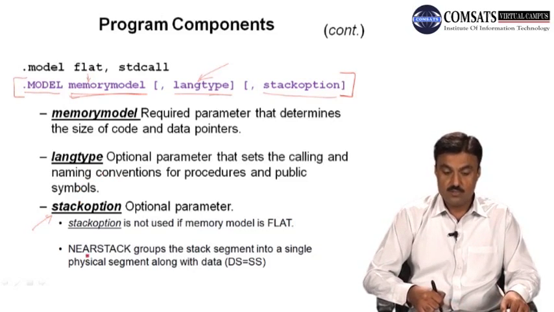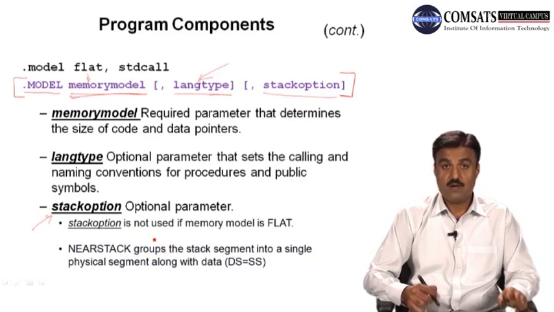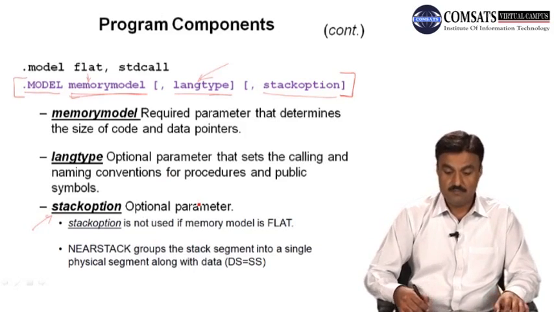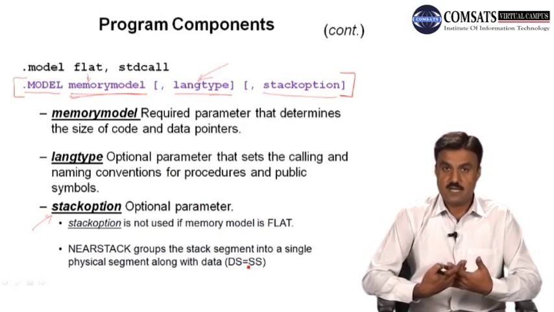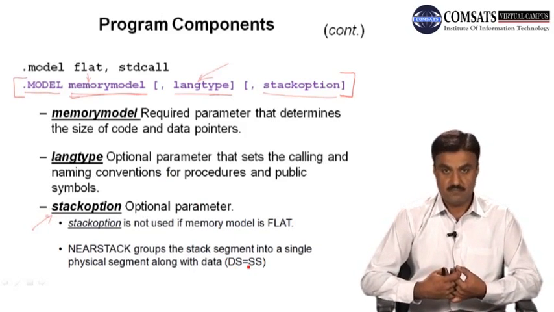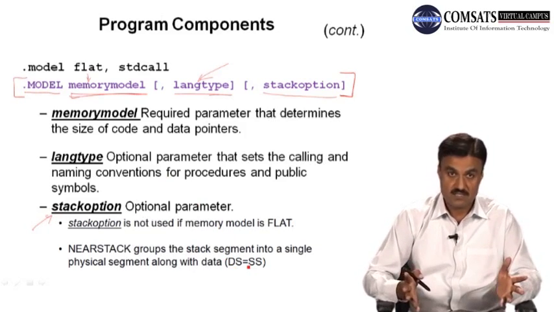There are two options, near stack and far stack. In the case of near stack, the data segment and stack segment are together: our stack is maintained inside the data segment. There will be no separate stack segment.